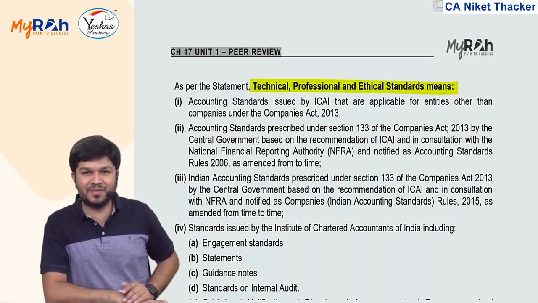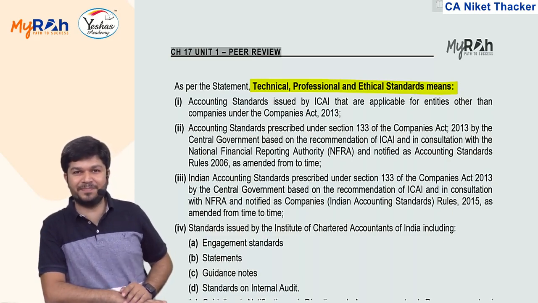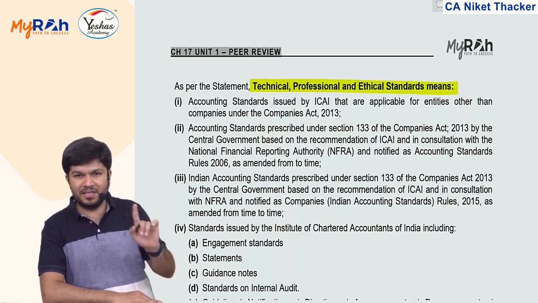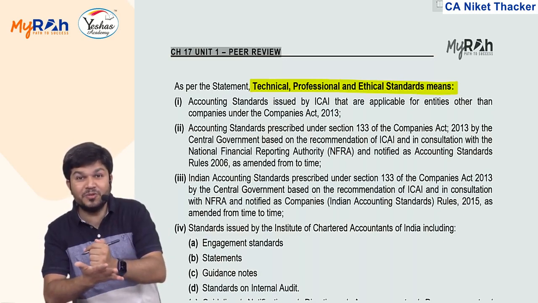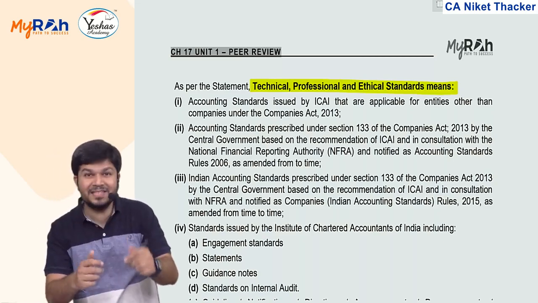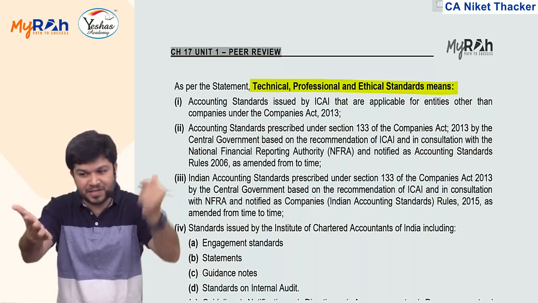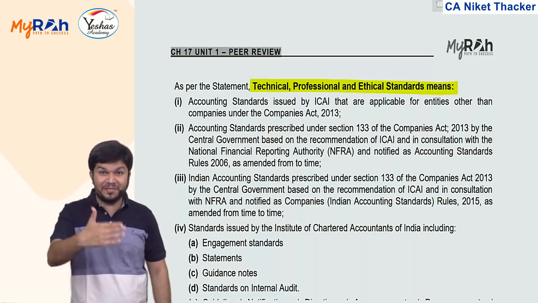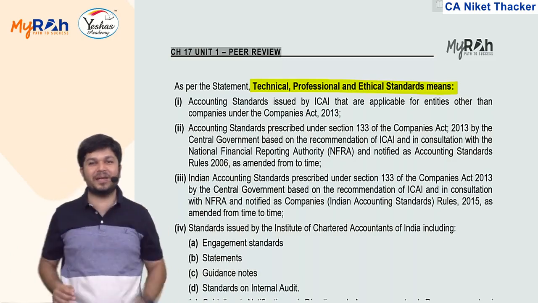For others, which are not companies covered under the Companies Act, they are issued directly by ICAI. So, accounting standards are normally issued by ICAI, but for companies, they need to be issued by the central government in consultation with NAFRA, and to NAFRA, ICAI will recommend. ICAI will give it to NAFRA, NAFRA will recommend to the central government, which will put a stamp.